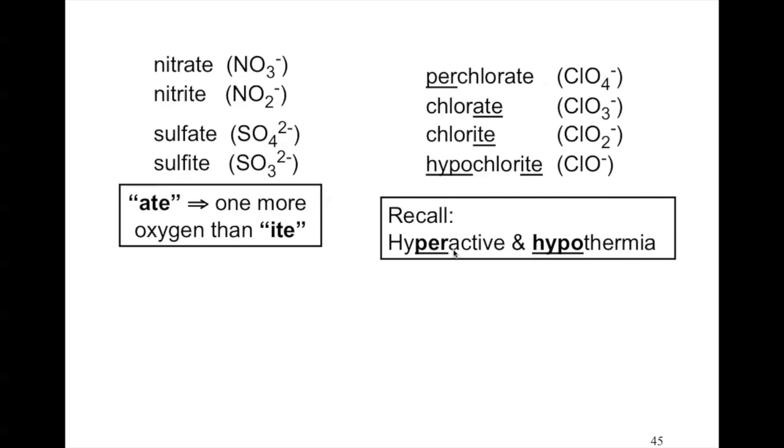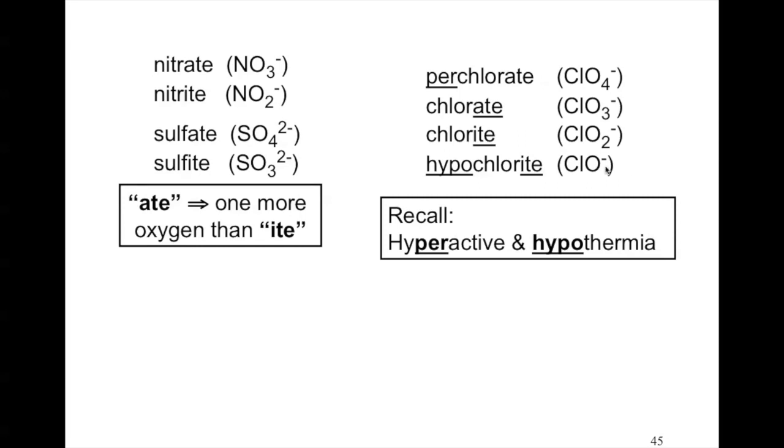Hyper and hypo are Greek prefixes. Hypo means under, right? Think of hypodermic needle or hypothermia. So when we use the Greek prefix hypo, it's one less or one under chlorite in this case. So we would remove one more oxygen. From chlorite, you end up with hypochlorite, ClO minus.